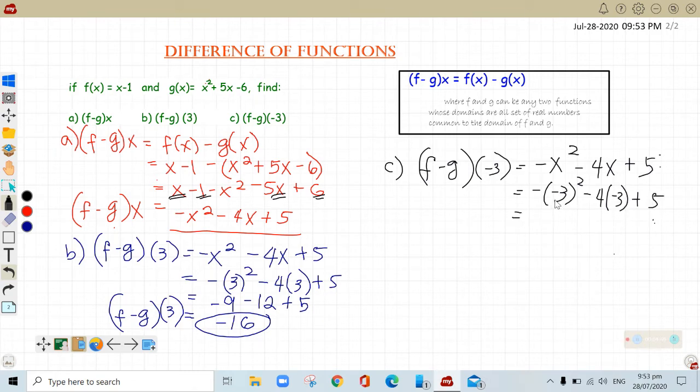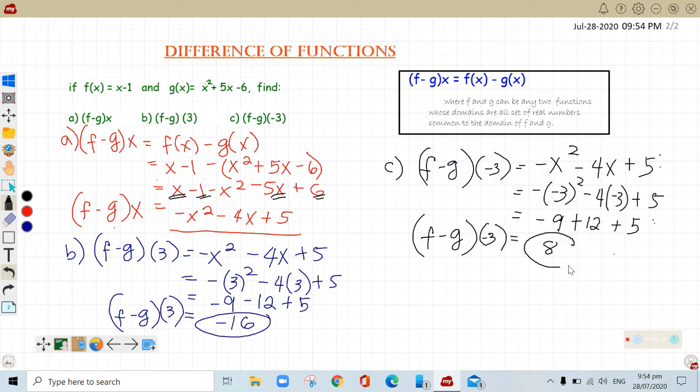Negative 3 times negative 3 is positive 9, but there's a negative sign here. And negative 4 times negative 3, that will be positive 12, plus 5. So here negative 9, positive 12, that will be 3, plus 5 is 8. So the value of (f minus g)(x) when x is negative 3 is equal to 8.